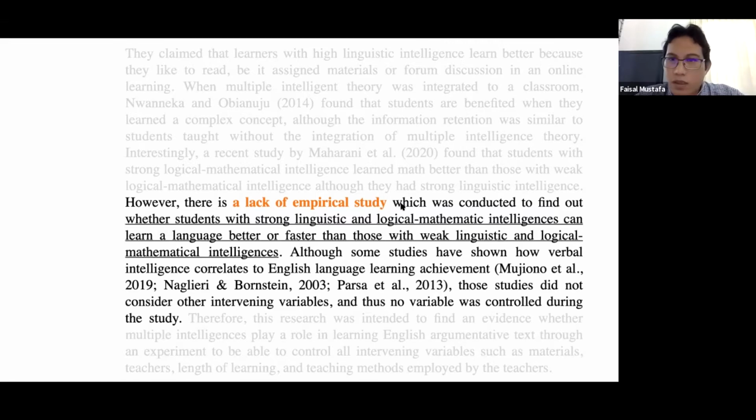We do not know the empirical result, or we do not have the proof whether what people already mention is right or wrong. Here, however, there's a lack of empirical study which was conducted to find out. This is what we do not yet know, what we still need to know: whether students with strong logical intelligence can indeed learn faster and better than those who are weak.